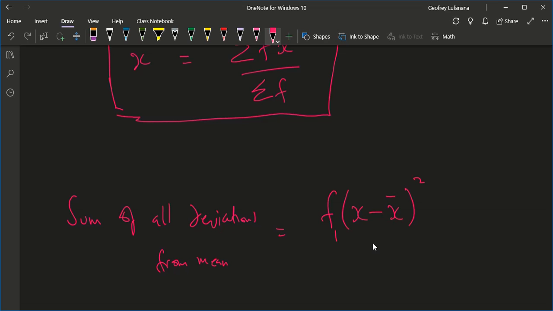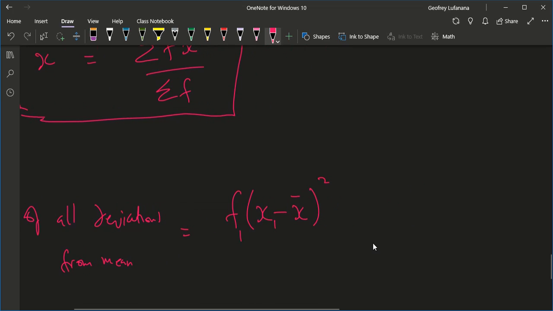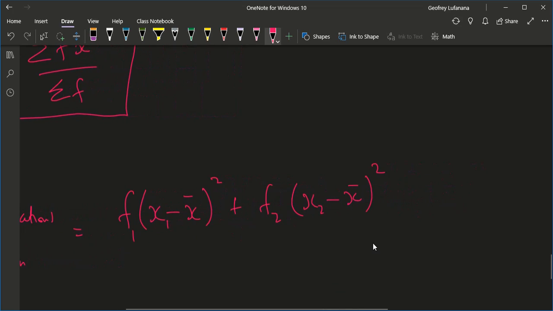So this is f1 into (x1 minus x bar) squared, plus f2 into (x2 minus x bar) squared, until I add up all of them to the last one, which is n: fn into (xn minus x bar) squared.